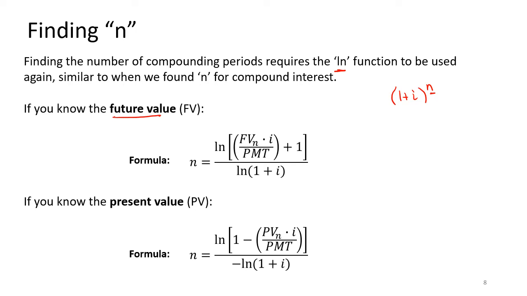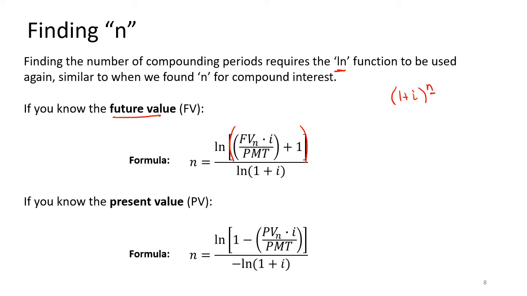So it's equal to the ln, and then within the ln brackets, it's the future value times the periodic interest rate divided by your payment, plus 1. Okay, so this entire term, you calculate it, and then you take the ln of that, using the ln button on your calculator. And that's divided by the ln of 1 plus the periodic interest rate.